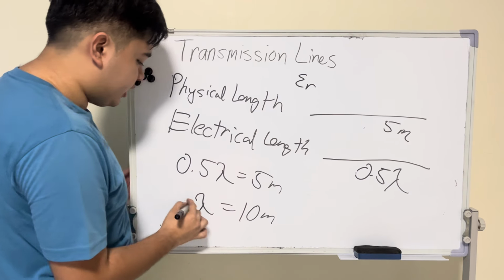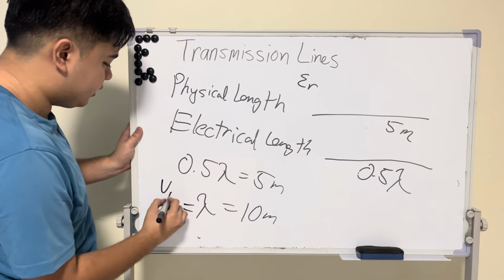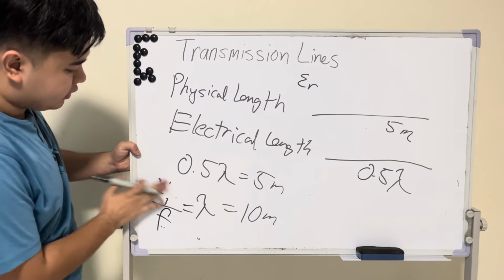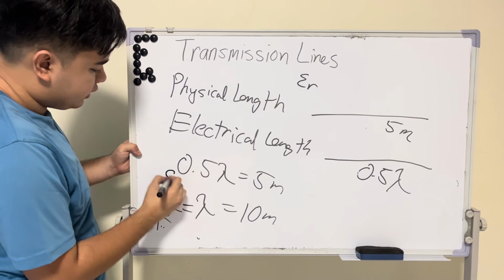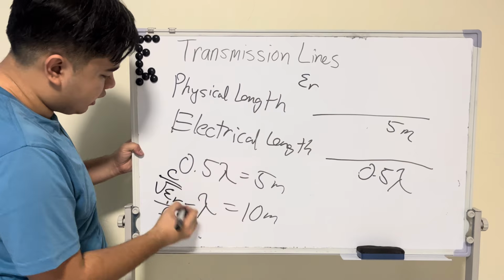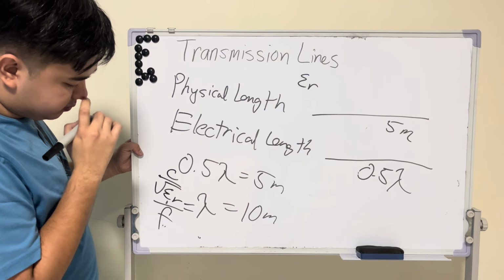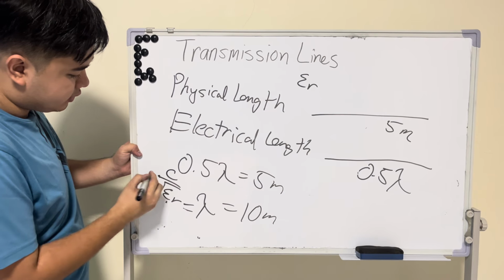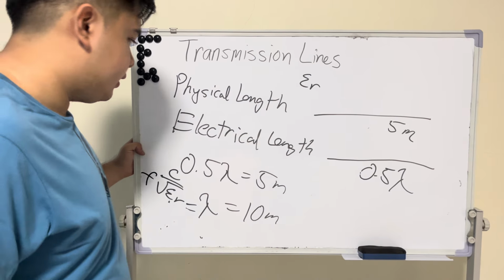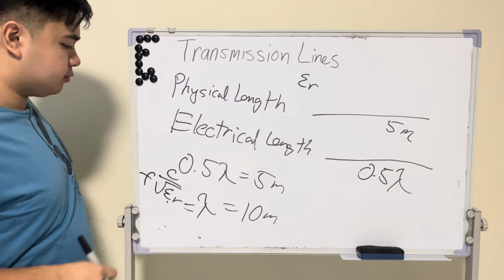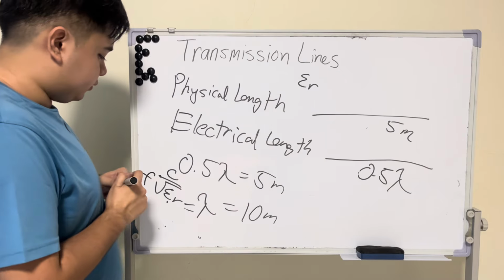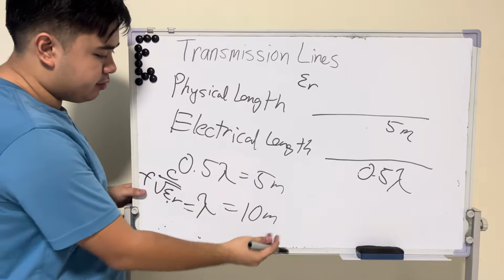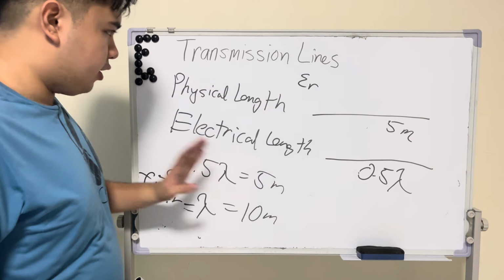Because we know lambda is equal to Vp over F, and Vp is C over square root of ER. And we can rearrange this to get this. And there we have the frequency here, we just need ER, and C is a constant, and we can get the frequency of this.